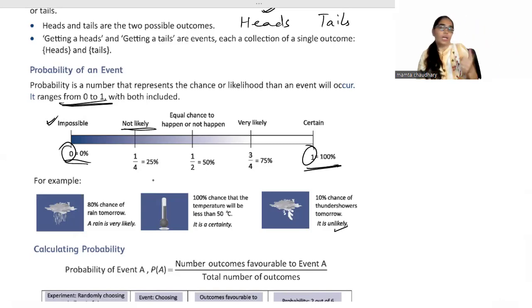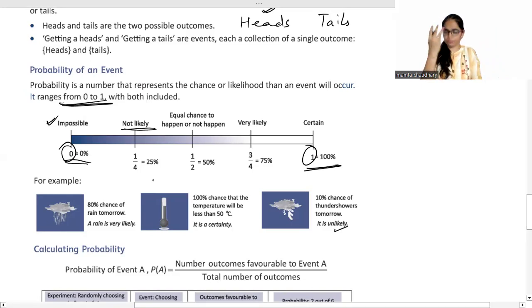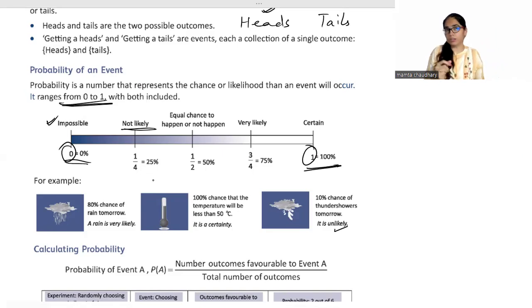For example, if I'm throwing a dice, the chance of getting a particular unique number is 1 out of 6. So there is only 1 out of 6, which is an unlikely event.